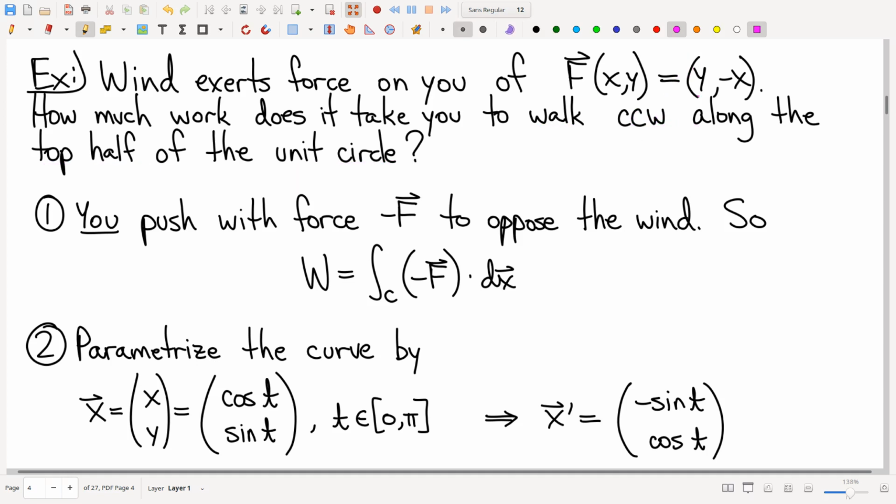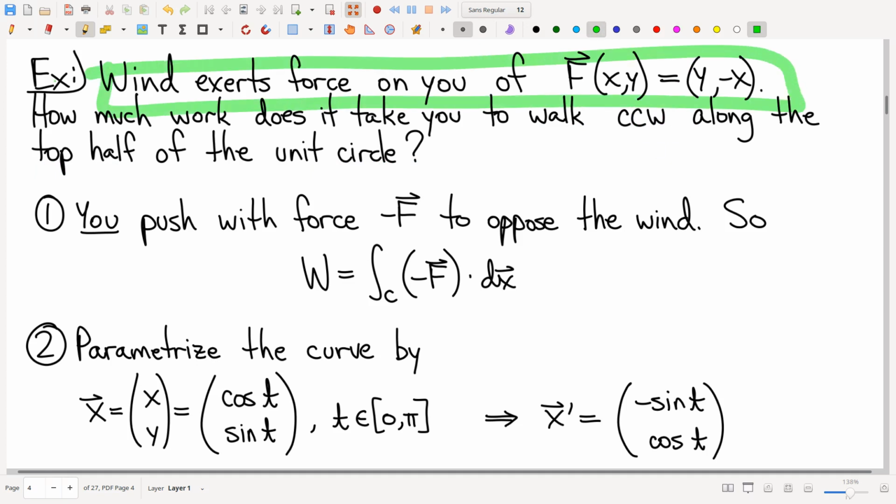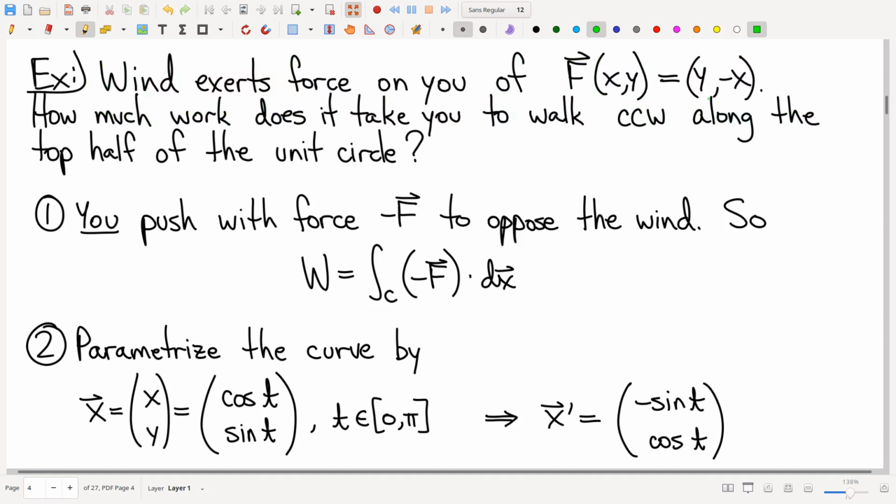And while we are walking along that curve, the wind is blowing and it's pushing on me, and it's making it hard for me to walk because I have to push against the wind as I walk. As you walk, you have to push against the wind. Okay. All right. So the question is, how much work do you exert as you are pushing with some force as you move along a curve, as per this setup?